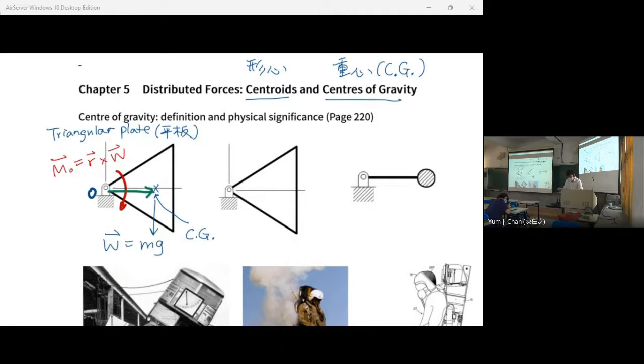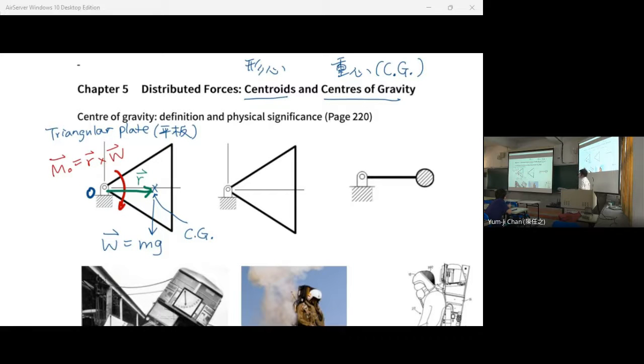I think this is from chapter 3, right? And of course, from your high school physics, you know what I mean. So we have a moment arm and we have a force here. So we have a moment, R cross W.